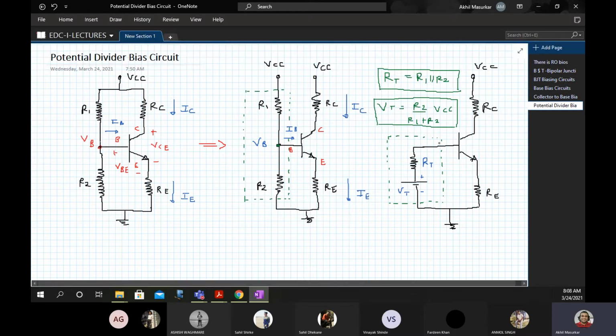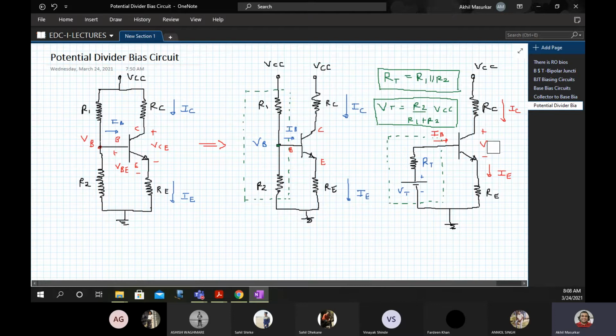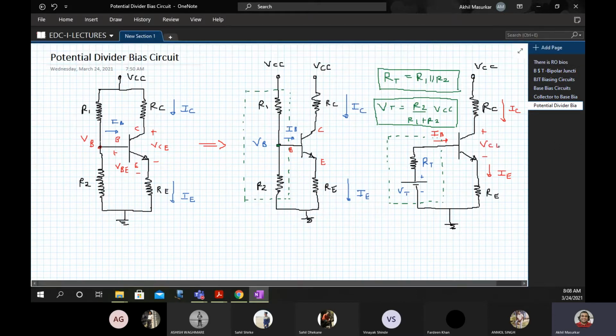Now here what flows is again IB, what flows here is IE, and what flows through this is IC. This is again plus minus VCE, and this is plus minus VB.